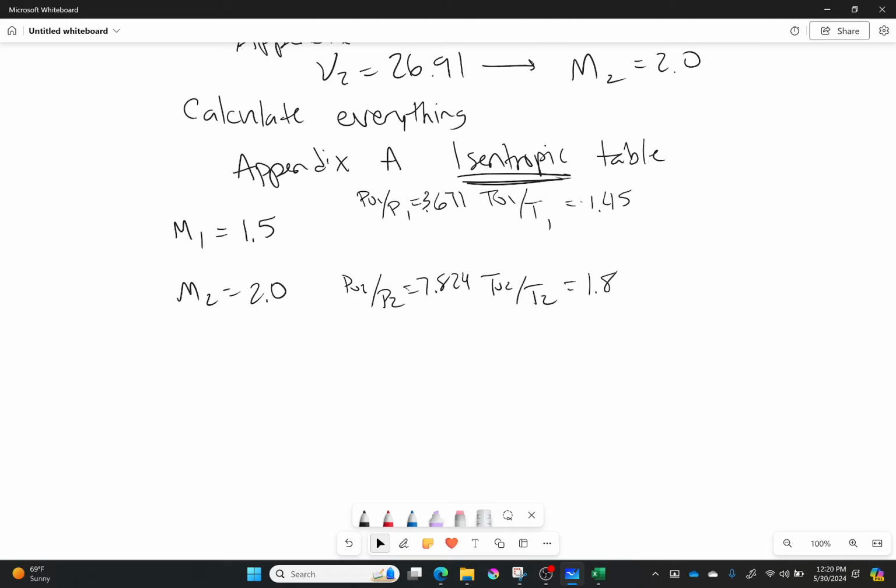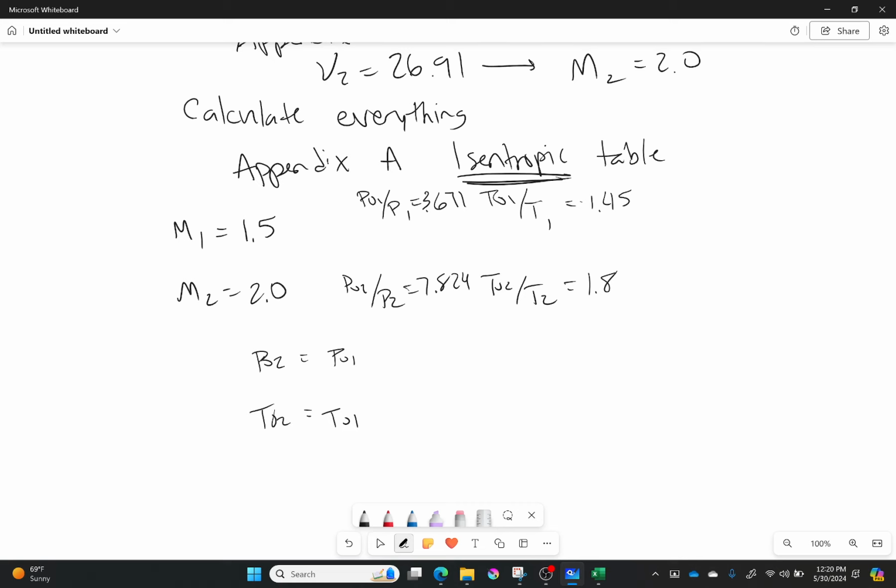So what are those properties? Well, the first one we're going to get is P02 and T02. Why? Because those are the ones that are ridiculously easy. P02 and T02, since it is isentropic, are equal to P01 and T01. Happy days.